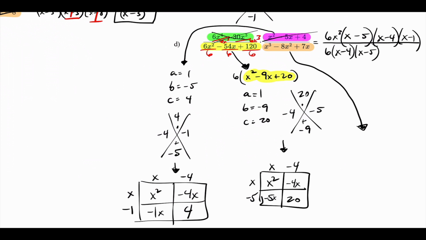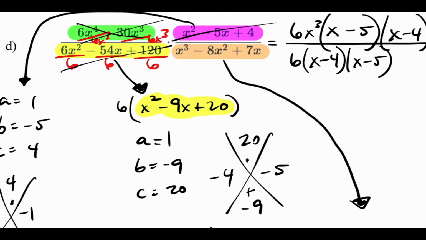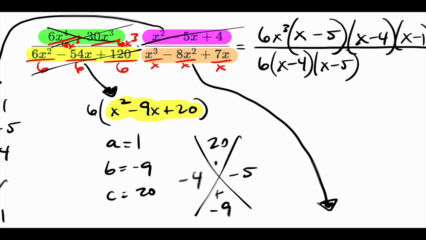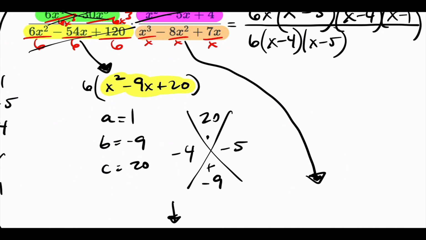And then the last one is the orange. That one has a GCF as well. It's a trinomial, so I'm going to do the same steps that I just did on the last two. That GCF is x. So I'm going to put x over here so I don't forget.